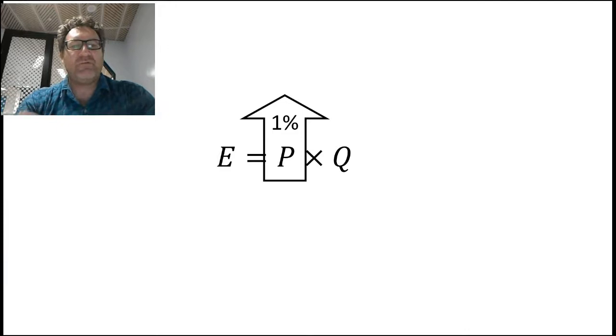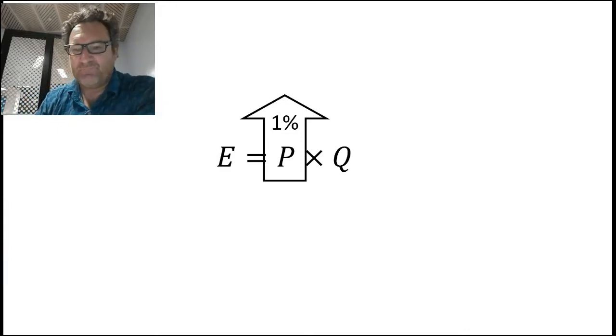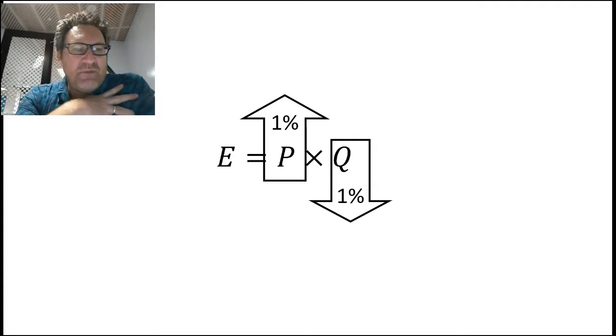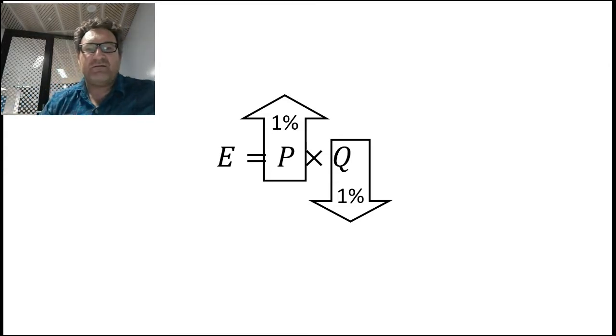So, let's say we increase our price by 1%, and we discover that the quantity demanded by consumers falls by 1%. So we know that total expenditure, E, is being dragged up by 1% and simultaneously being dragged down by 1%.